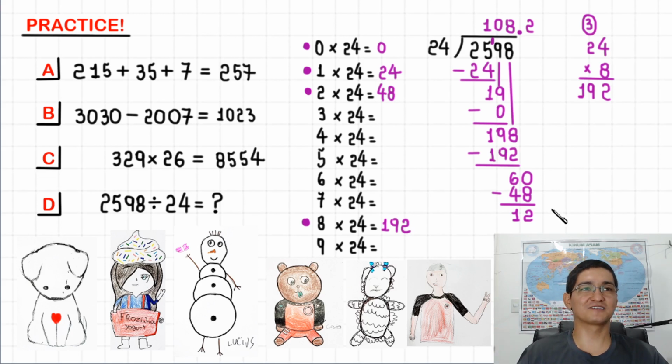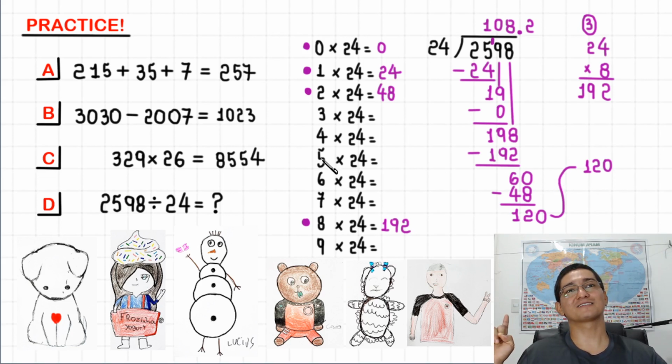Okay? After a subtraction, you bring down the next digit. There are no digits here to bring down, so I bring down 0. Now I work with 120. And we ask the question, how many times does 24 go into 120? Well, we don't know, but I believe it's 5 times.